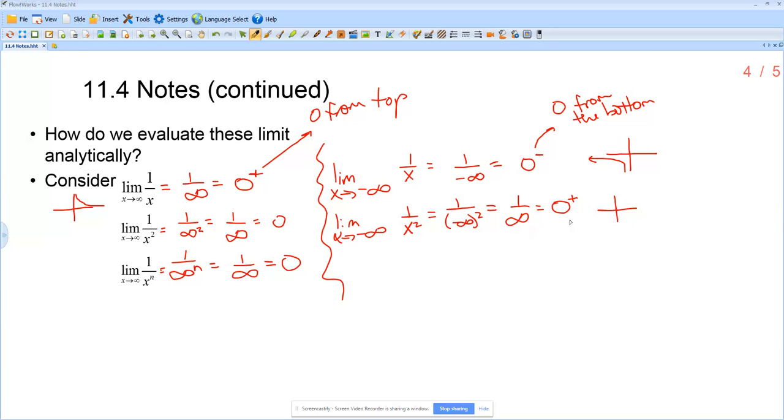So 1 over infinity squared, I'm looking at something like this as I go towards negative infinity, which just means infinitely to the left. And I have a horizontal asymptote at 0, and I know that the function is above the y-axis because it has to be a positive number. So that's just sort of an interesting tidbit. You'll see it again in calc, and that's a brief explanation of it.